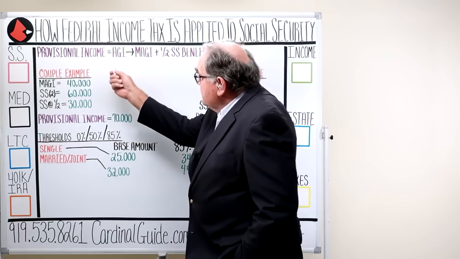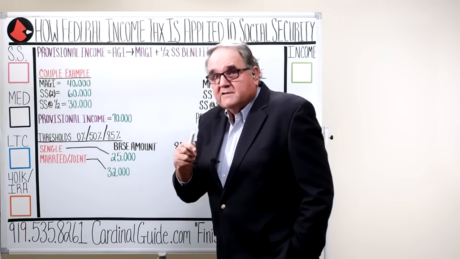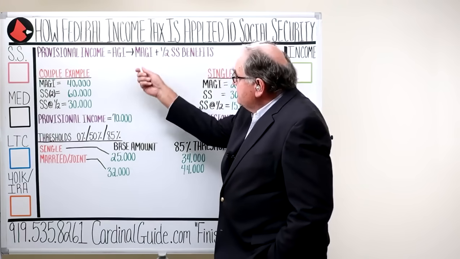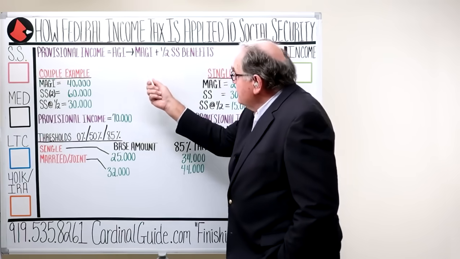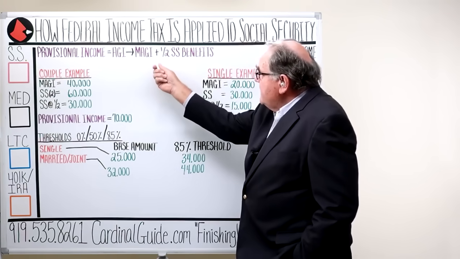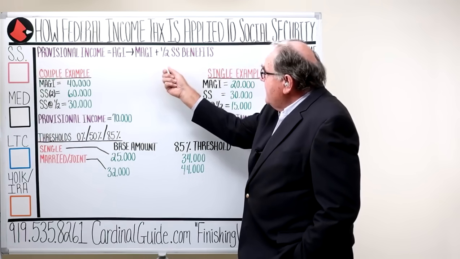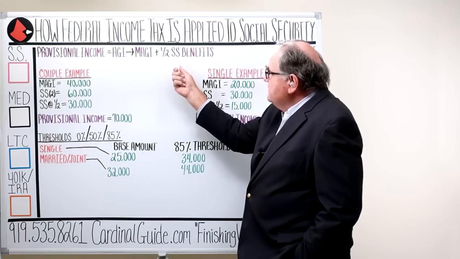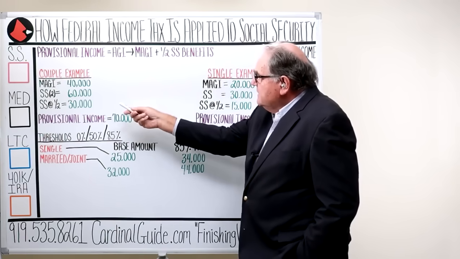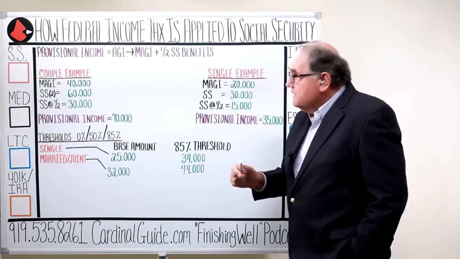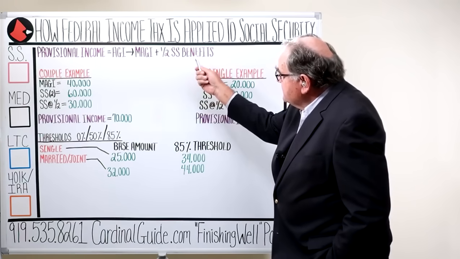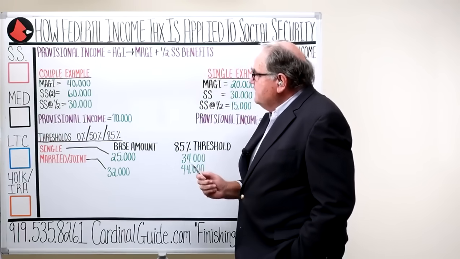For provisional income, you start with your adjusted gross income, AGI, and you have to turn it into modified adjusted gross income, MAGI. You take your MAGI and add half your Social Security benefits. If that's a couple, it's both your Social Security checks. If that's a single, it's one of your Social Security checks. So we're only counting half the Social Security benefits added to your other income.